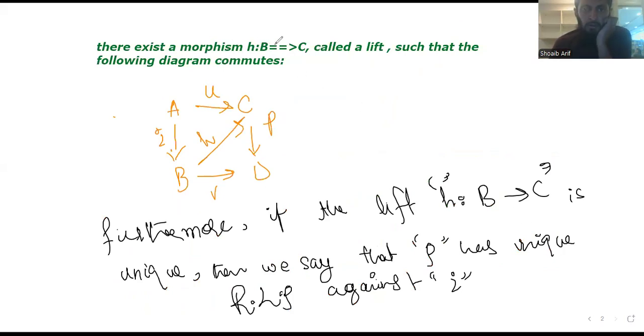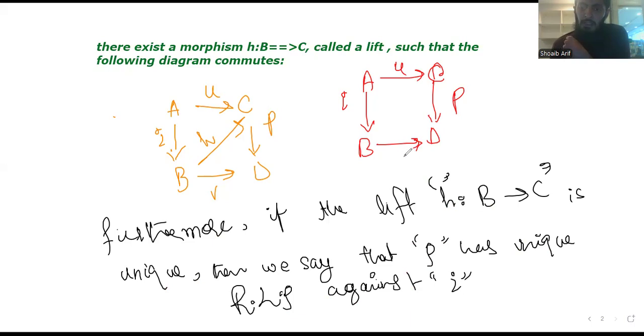If there exists a morphism H from B to C, we call it a lift, such that the diagram commutes. On the previous page, we have a morphism P from C to D, and I is a morphism from A to B, and there is a morphism U between A and C, and a morphism V between B and D. If there exists a morphism H, H from where to where?